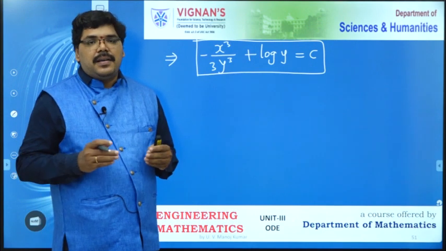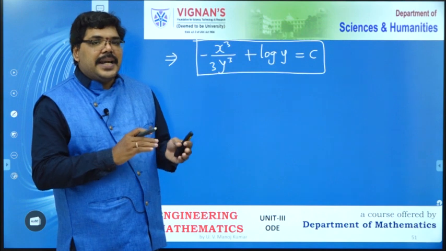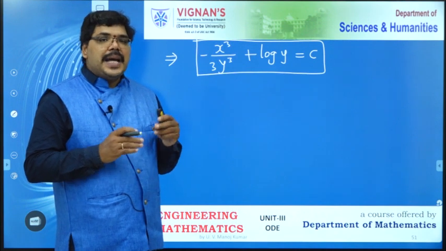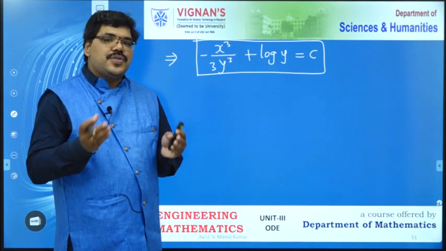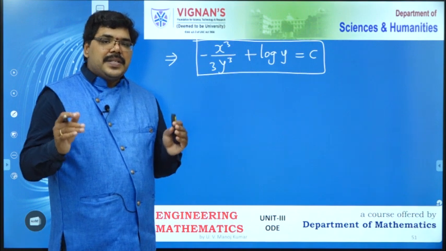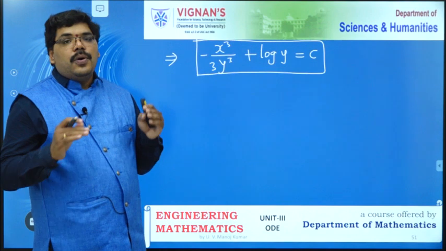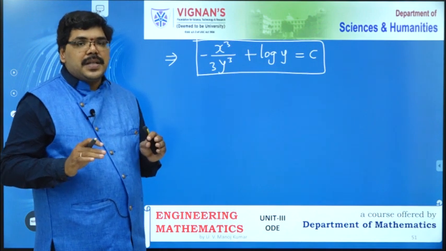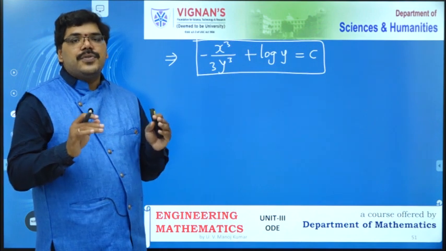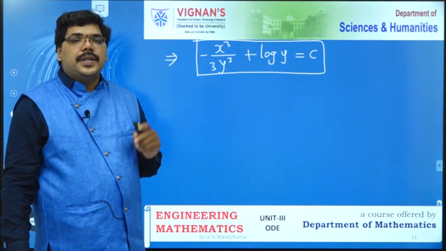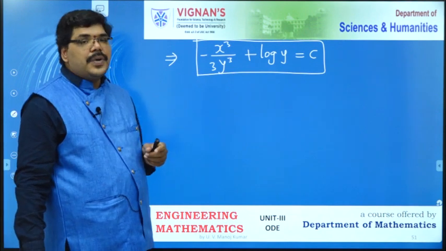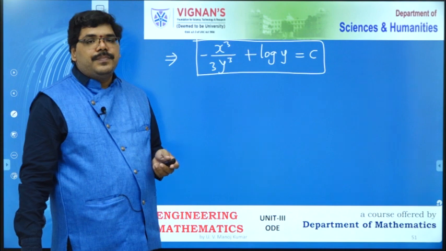That means I am not changing at all. If I only change one side, then equation changes. But I am doing the same change on both sides. That means equation remains same and equation remains valid. So solution of second differential equation is also a solution for first differential equation.